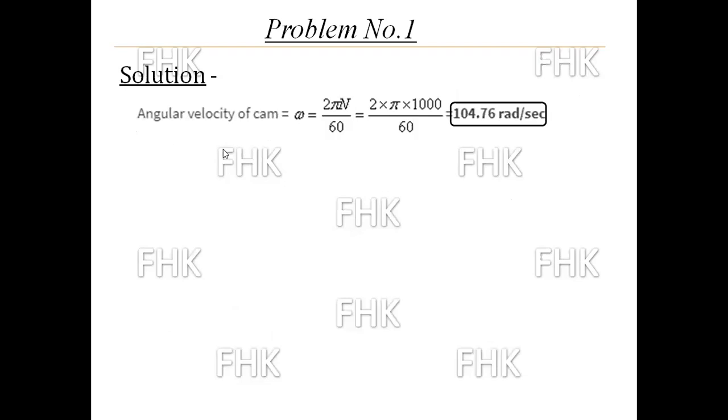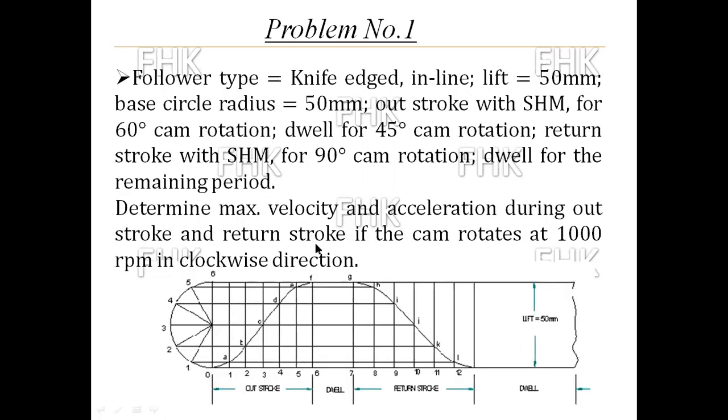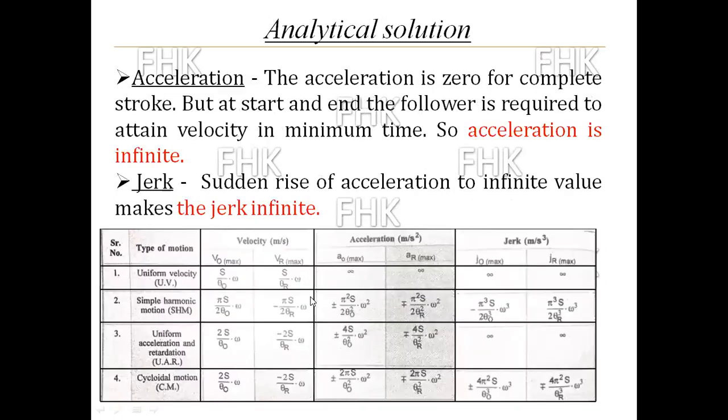Now come to the problem solution by the analytical method. The first step is to find the angular velocity of the cam. We have to find the maximum velocity and acceleration during outward and return stroke. Simple harmonic motion is given for the follower, and we have to find the velocity and acceleration for forward and return stroke.